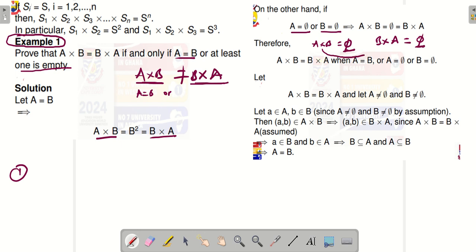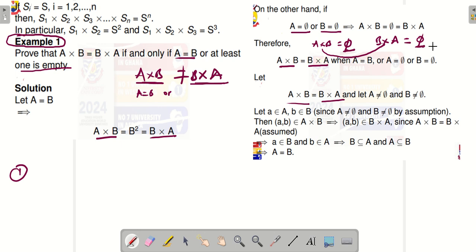Therefore, A cross B is the same as B cross A. So we have been able to prove that. This implies that if one of them or even all of them are empty, then A cross B will be equal to B cross A. So that is the proof for the empty set.